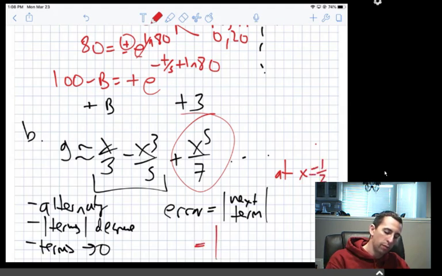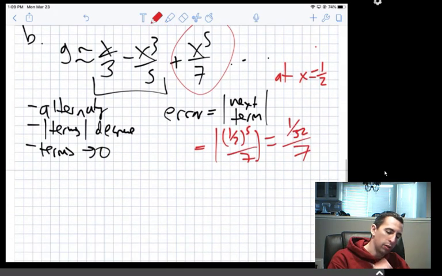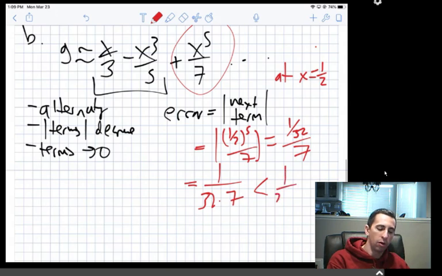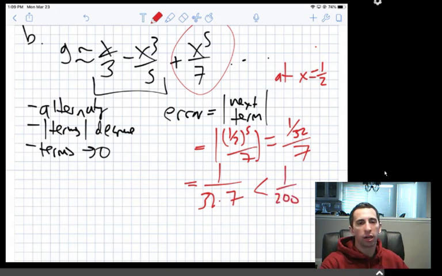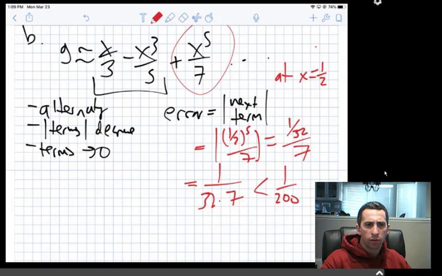So that next term is just 1/2 to the 5th over 7. So that's 1 over 32 times 7, which is indeed smaller than 1 over 200. So you're just looking at the next term. I wouldn't worry too much about that. They literally took that off the AP test. Yeah, no problem.